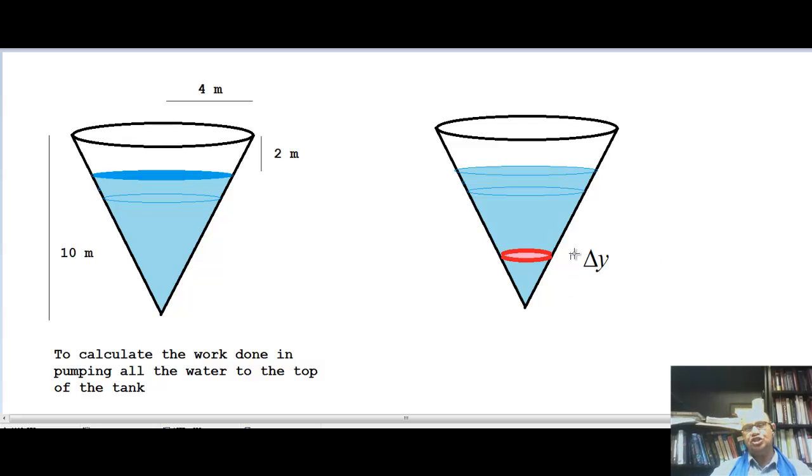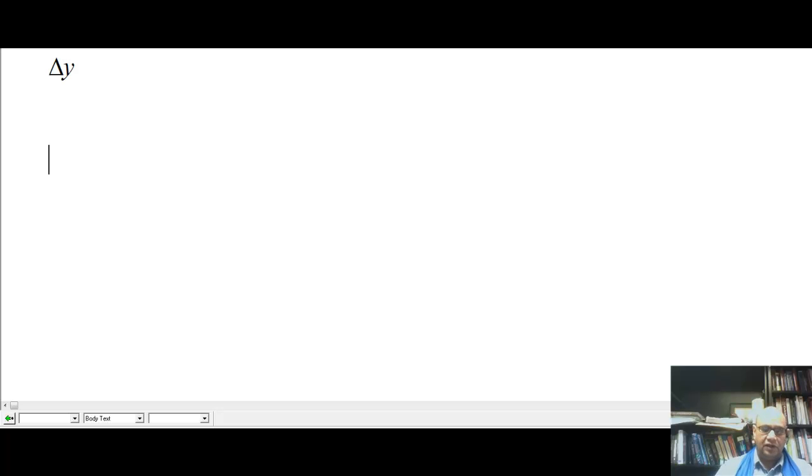But anyways, so say this part is delta y, this red thickness, this little bit. Let's call the radius r, and we will be really informal here.